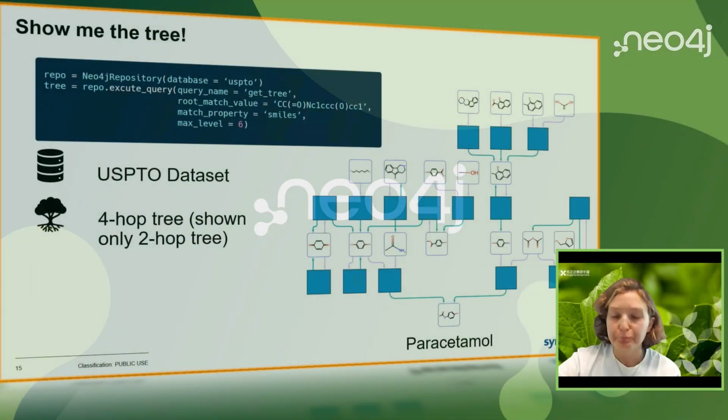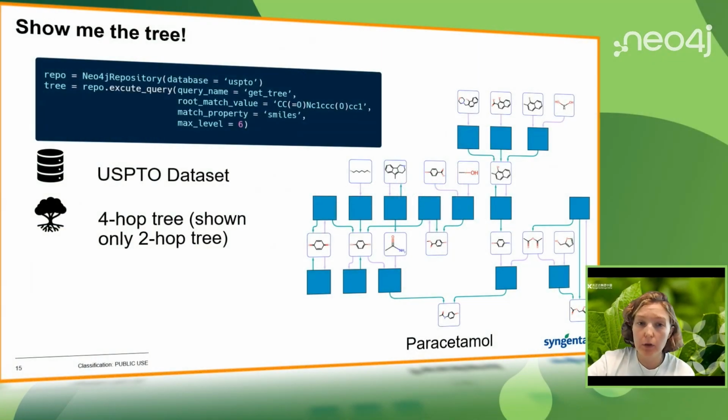And this will result in roughly 40 unique reactions. For visualization purposes, here only 15 are shown, only up to 2 hops away. And it's very similar as a representation to what I showed you in our synthesis design tool.